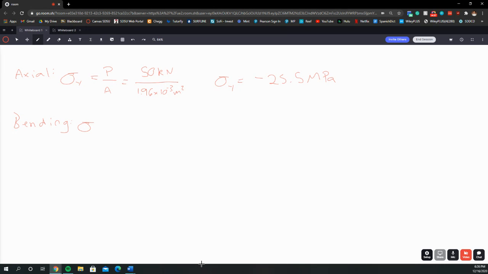I'll just call this sigma x. And that is equal to the moment times c over I, with c being the distance from the central axis to the point of interest, and then I is the moment of inertia.